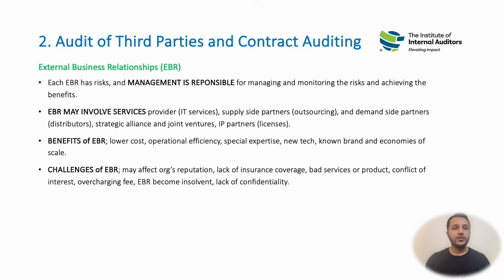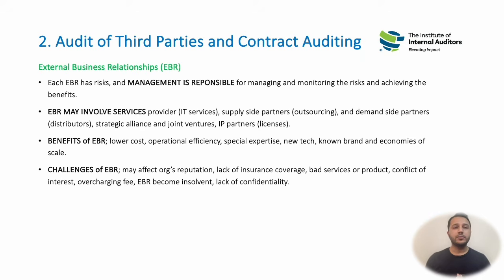Some examples of EBR: it could involve many services that we take, for example IT services, cleaning or janitorial services, maintenance services. This could be one type of EBR relationship. On the supply side, we could have outsourcing to distributors, and any supplies that we provide for.